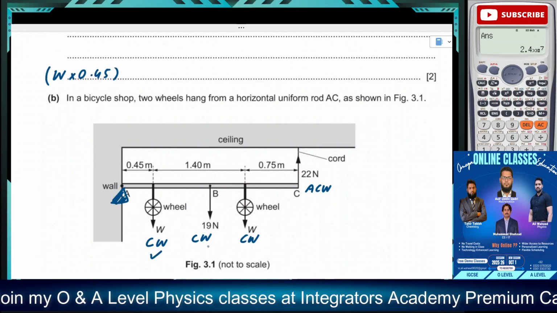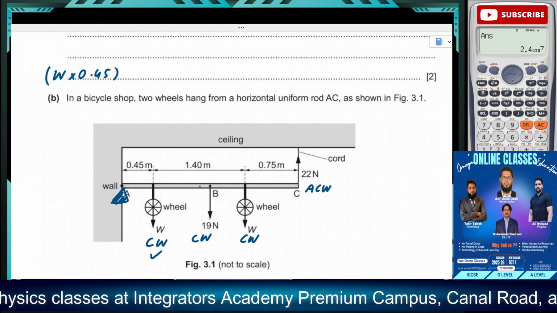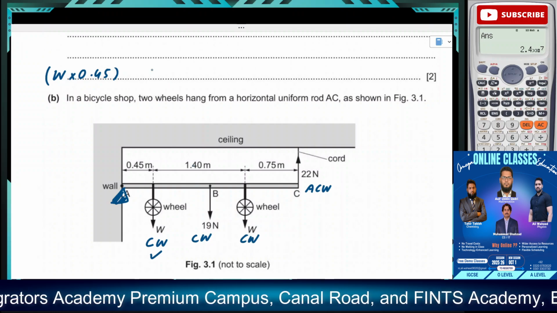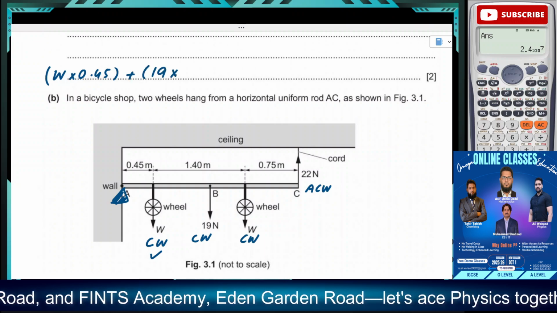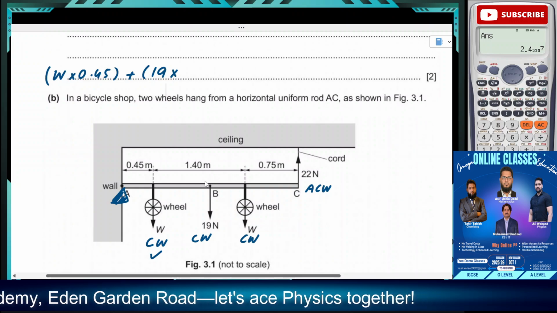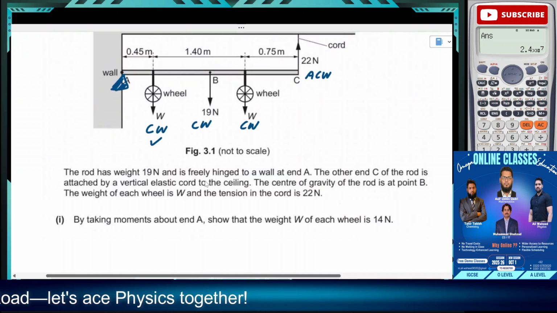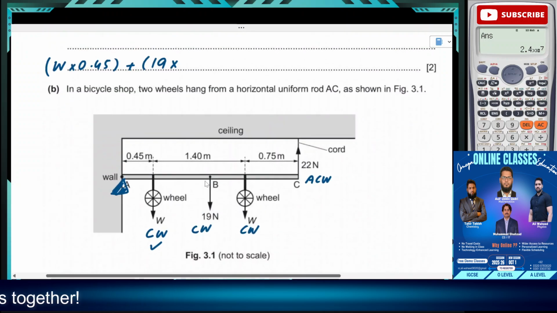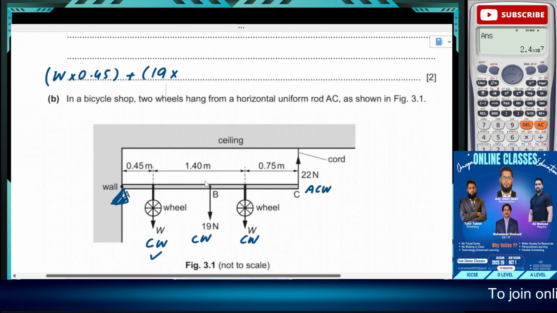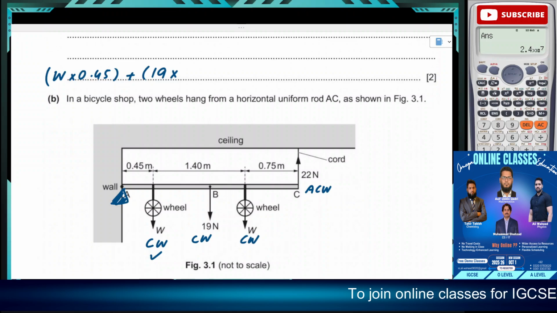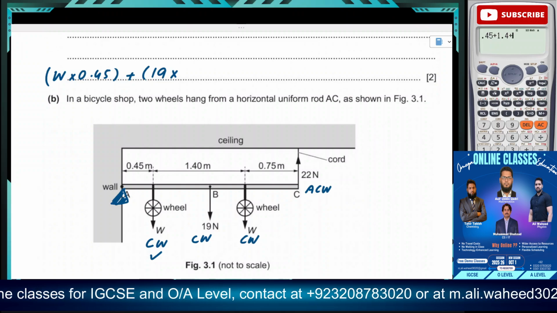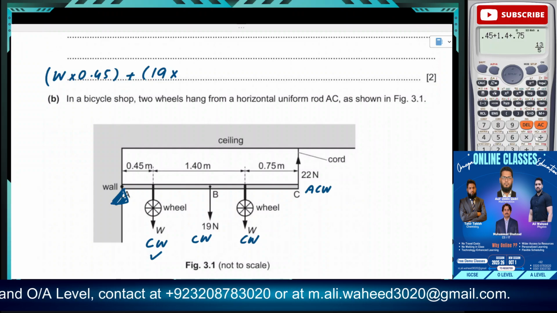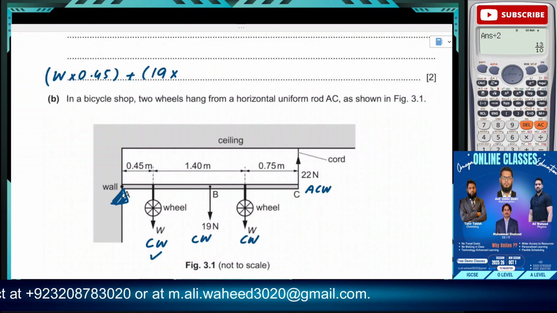Done with the first. The next one is 19, and the perpendicular distance from the pivot would be... 19 is the weight of the beam, and since it's a uniform beam, the weight would be exactly in the middle. So the total length is, if you add all of them, 0.45 plus 1.4 plus 0.75, whatever the answer is, divided by 2.